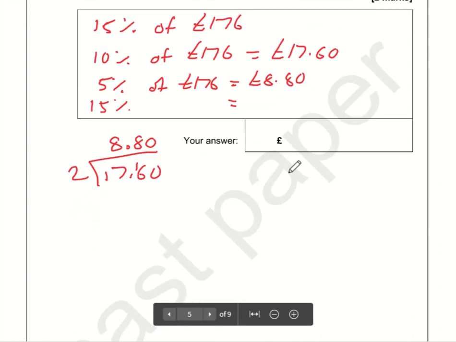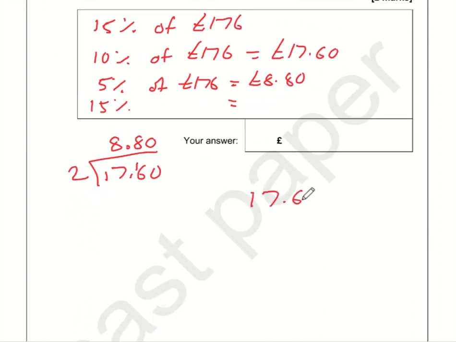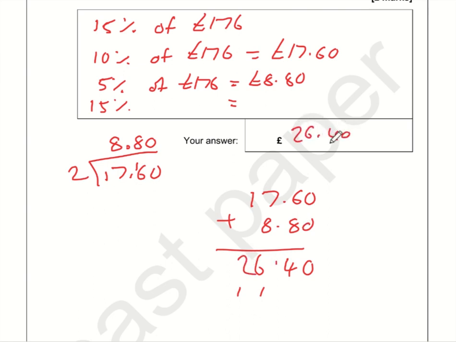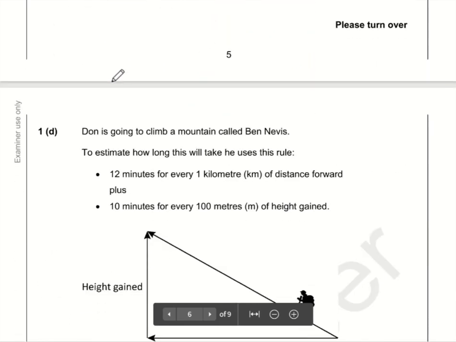They're not lined up correctly, so I'll just use this space down here to do this final bit of addition. 0 plus 0 is 0, 6 plus 8 is 14, carry 1, 7 plus 1 is 8, plus another 8 is 16, carry 1, so the answer is £26.40. So see 15% as a 10% and a 5%, and remember that 5% is half of 10%. Okay, so let's move on to part D.